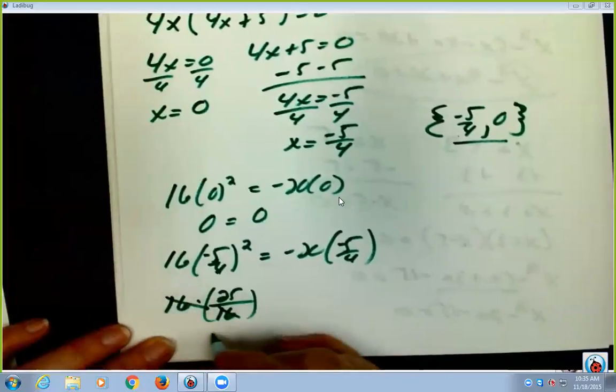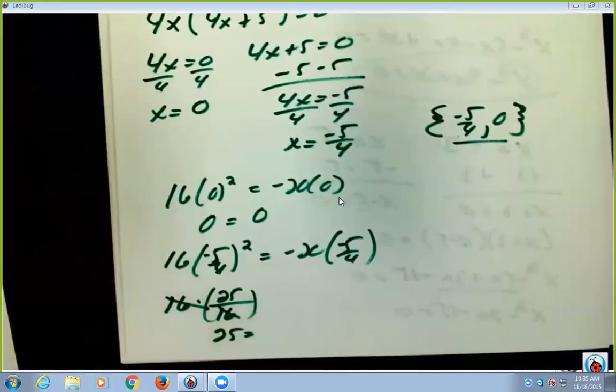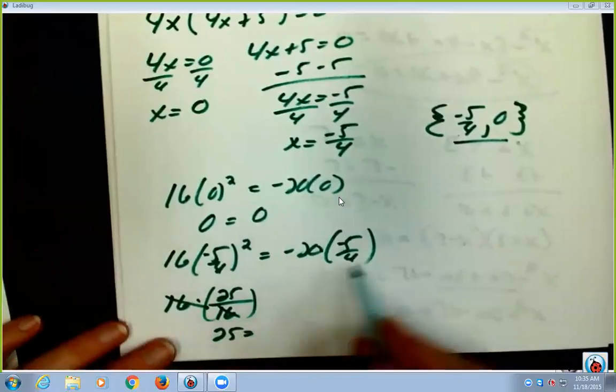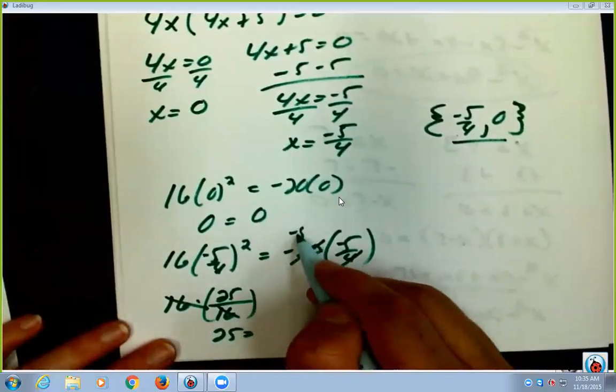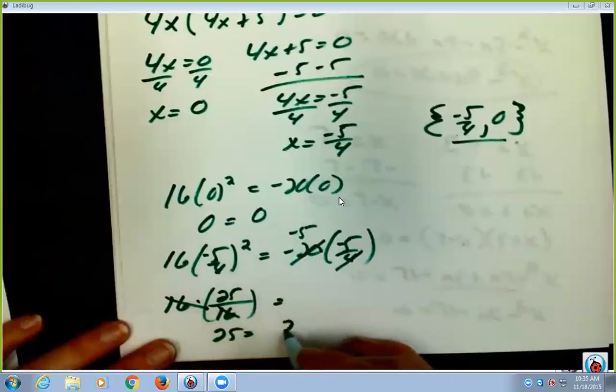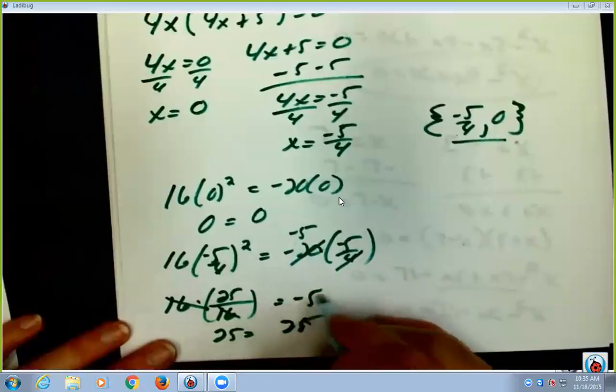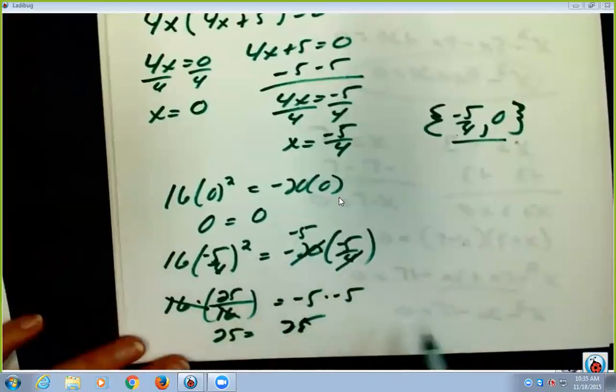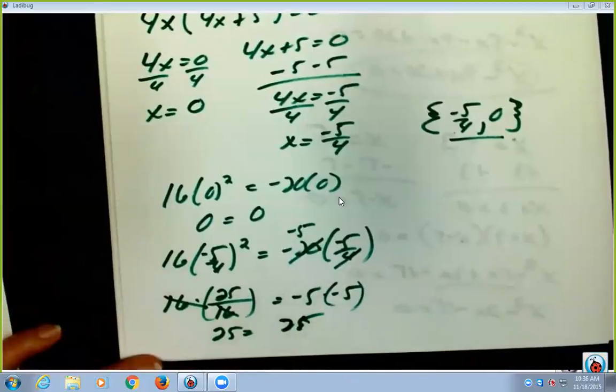These cancel, gives me 25. So then on this side, I have to see if I get 25. Well, 4 and 20 will cancel. Negative 5 times a negative 5 is 25. So guess what? My two answers work. Okay, there's solutions for this. And so that's what comes out of that.